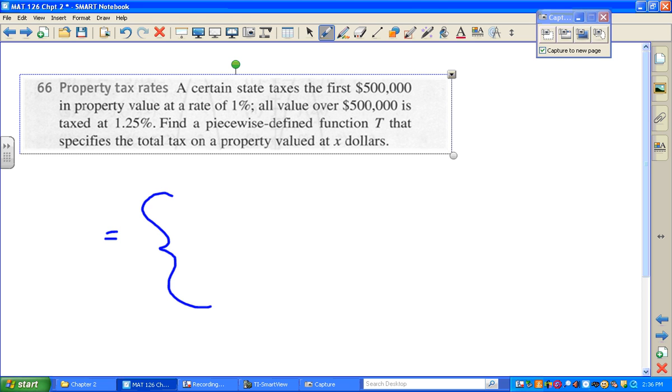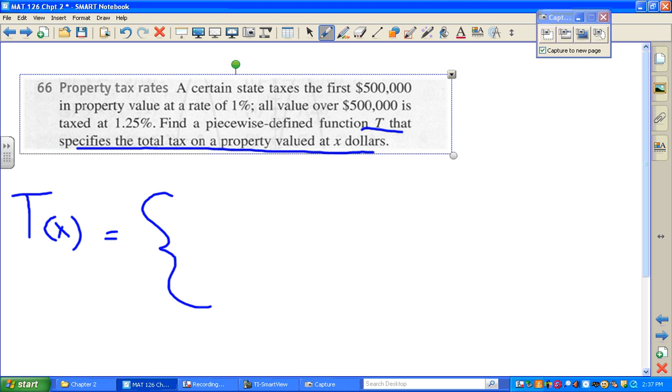What do you want the variable to be? X? All right. So there it is, my piecewise function, T of x. T is a capital letter. It specifies the total tax on property valued at x dollars. It says a certain state taxes the first $500,000 at a rate of 1%. All the value over 500,000 is taxed at a rate of 1.25%.